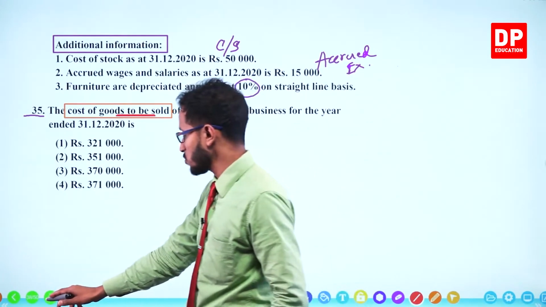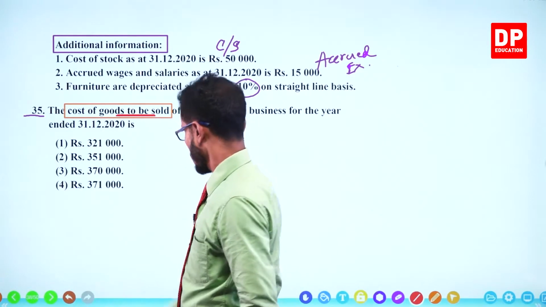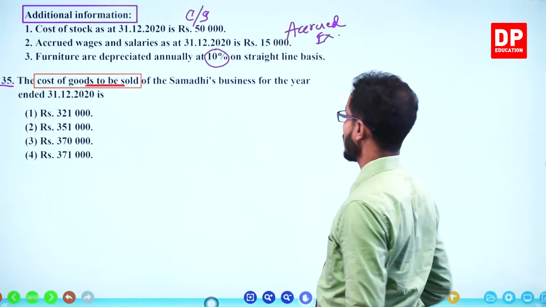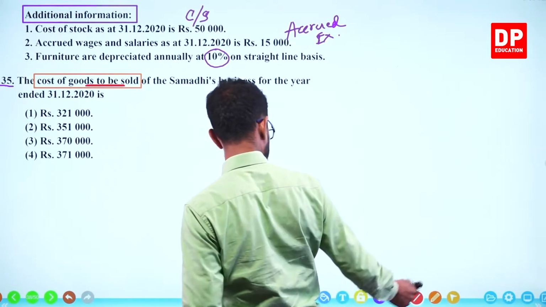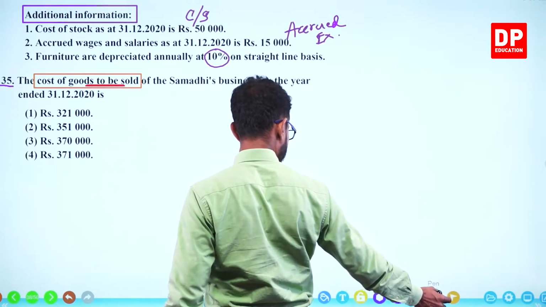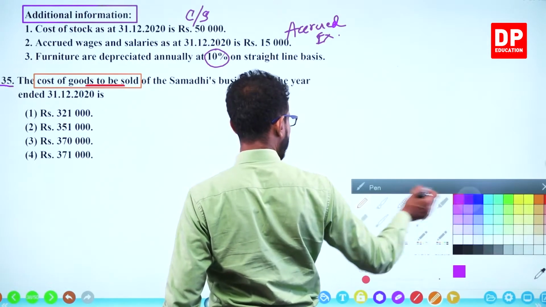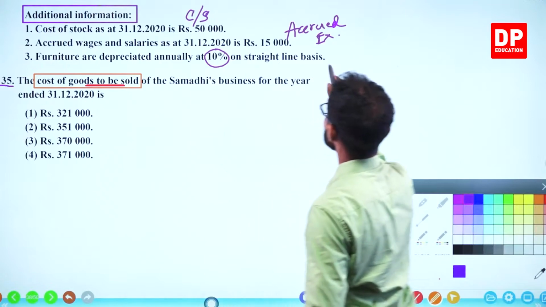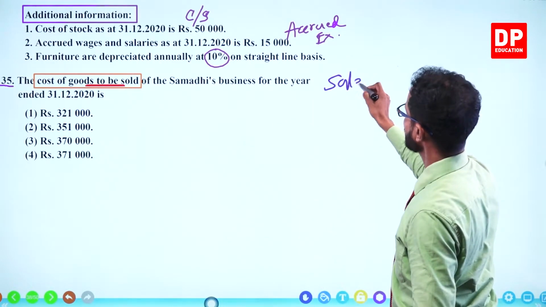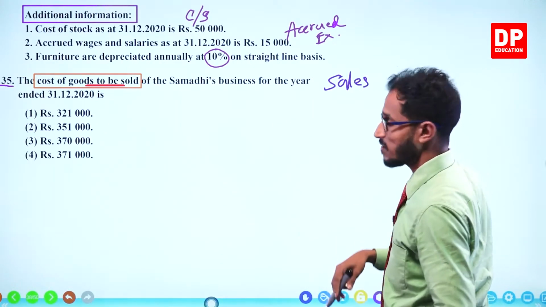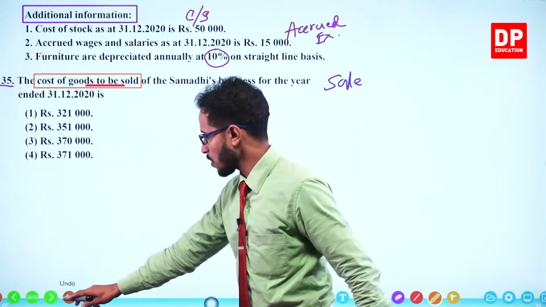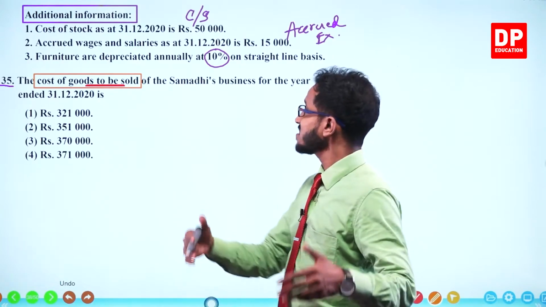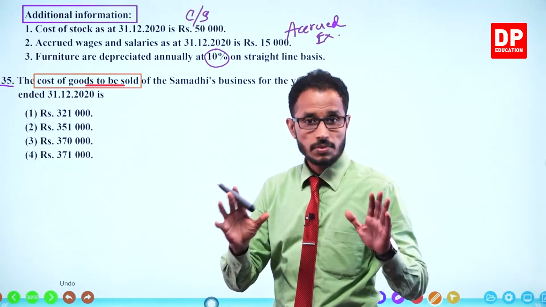How do you find cost of goods to be sold? Okay, let's see. Sales is actually not relevant to this question, but I'll just write it on top. This is the format of the income statement, or profit or loss statement.